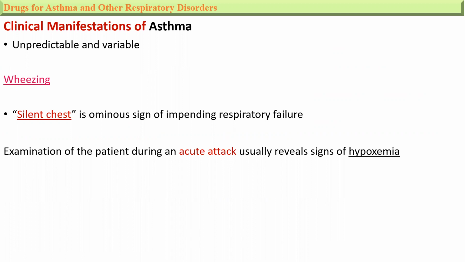The inspiration to expiration ratio might be 1 to 2, or 1 to 3, or 1 to 4, in terms of the time it takes for inspiration compared to expiration. Expiration takes much longer than inspiration, and the ratio can go up to 1 to 4.